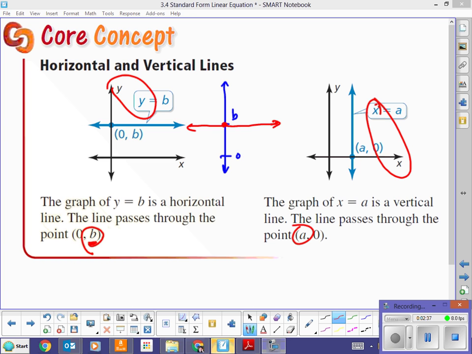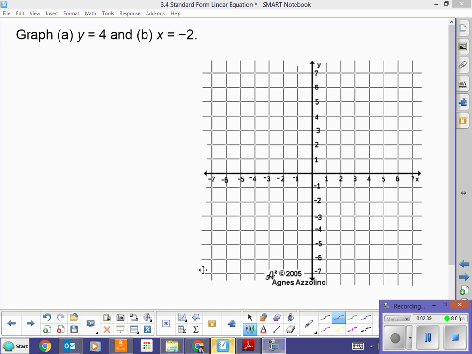Okay, let's move on. Graph. So this is an example. Graph y equals 4 and x equals -2. I'm going to find y equals 4. It's right here. But remember, since I'm dealing with a 2-dimensional coordinate plane, I need to graph all the points where y equals 4. So this is actually what point? 0, 4. Let's take a look at some other examples here.